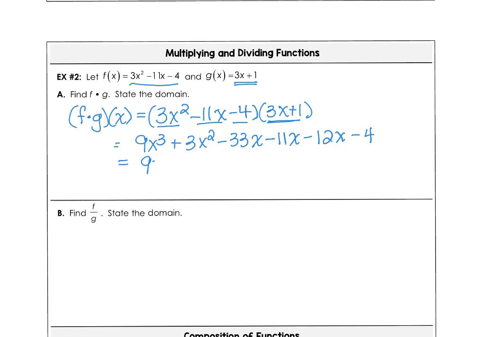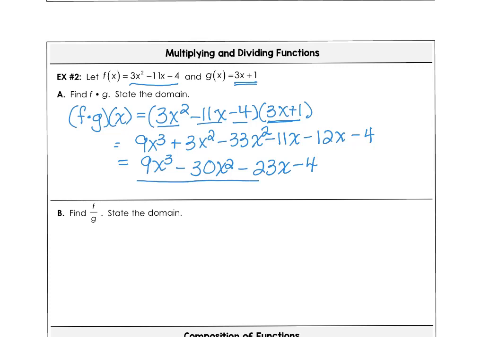Combining like terms, we'll find 9x cubed, and then I've got a 3x squared. I should have another, this is 33x squared. Missed the square right there. So 3x squared minus 33x squared is minus 30x squared. 11x minus 12x is negative 23x minus 4.